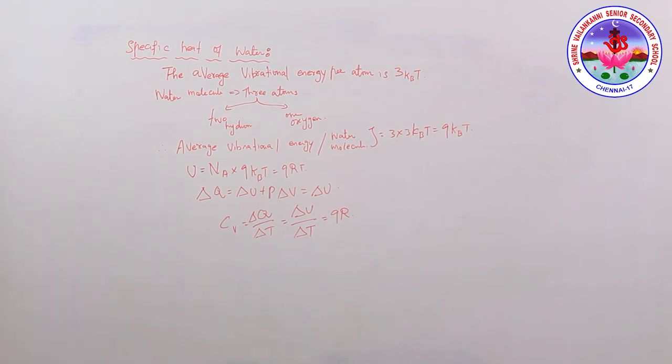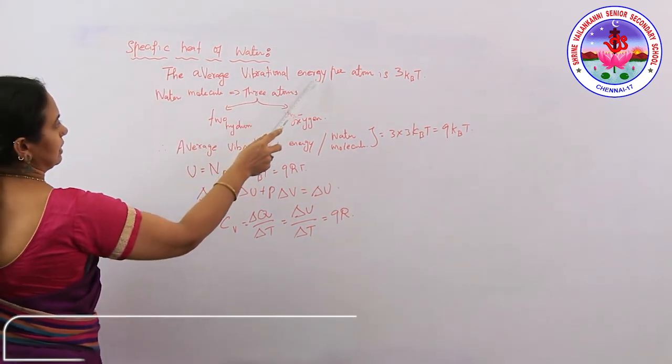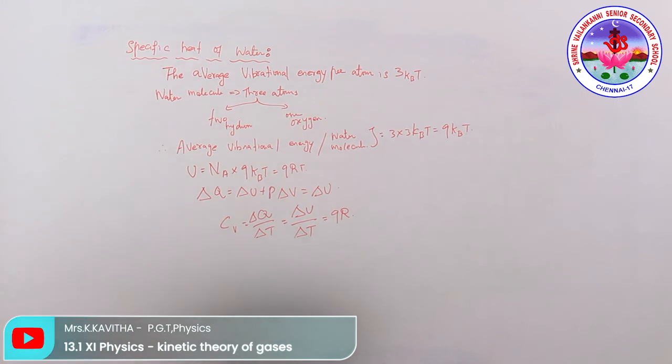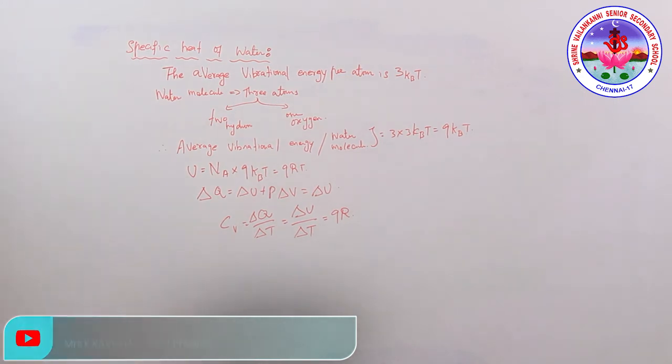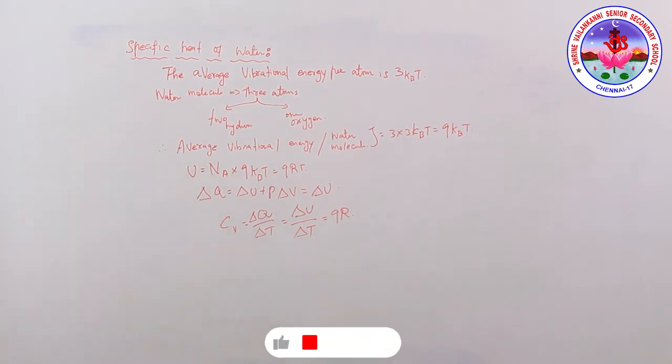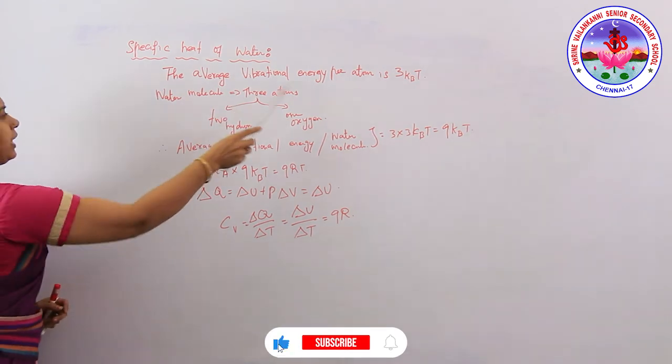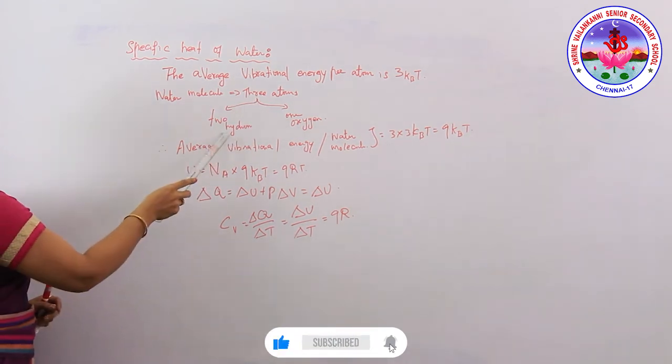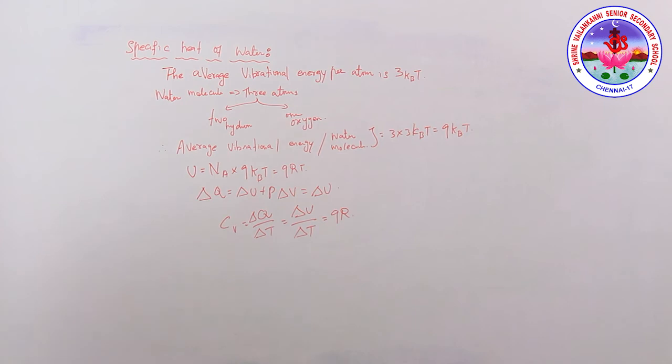Specific heat of water. Here we may treat water like a solid. By the law of equipartition of energy, the average vibrational energy per atom is 3 kBT. Now a water molecule, we know, has 3 atoms, 2 hydrogen atoms and 1 oxygen atom.